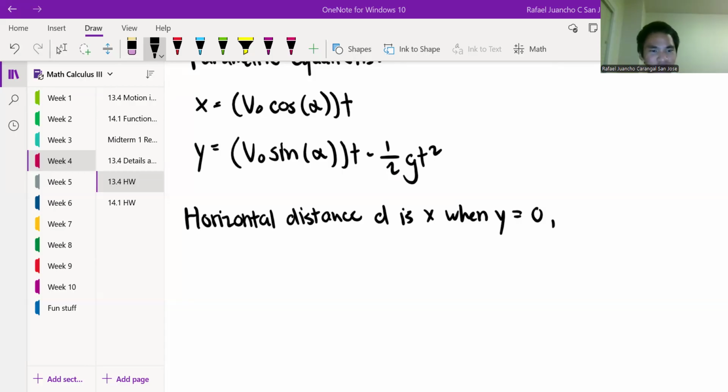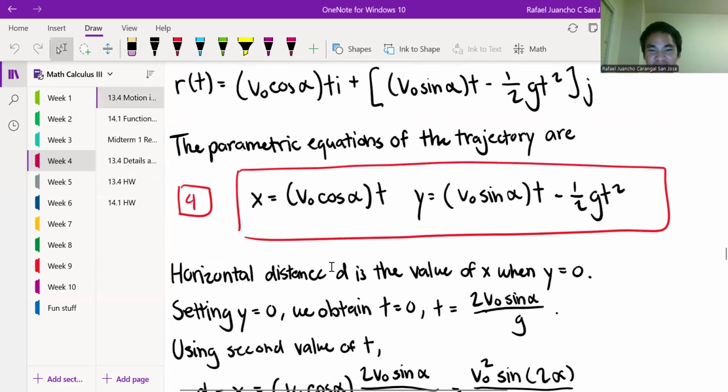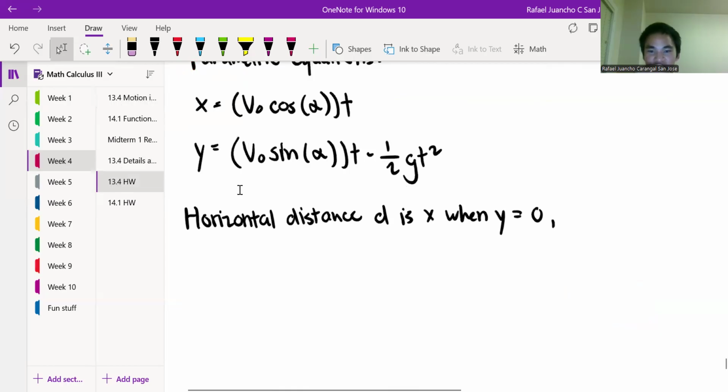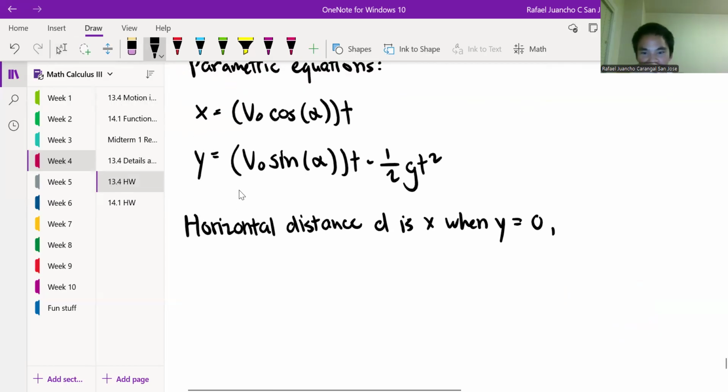What did I do there? I actually forgot what I did. Oh, there we go. So we set y equal to 0, and we obtain t equals 0. Was there an initial condition somewhere? I probably solved it somewhere. Let me actually see. I didn't solve it in the previous one, so I'll solve it here.